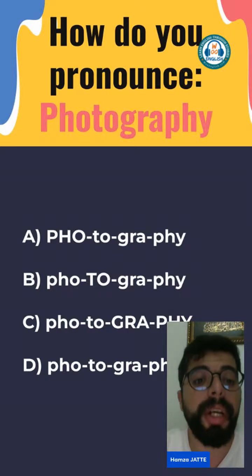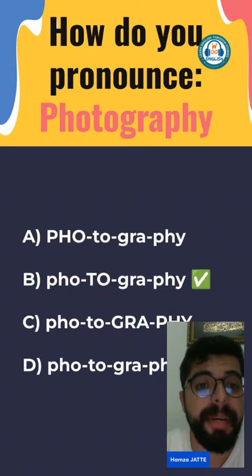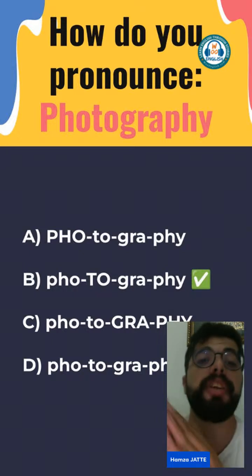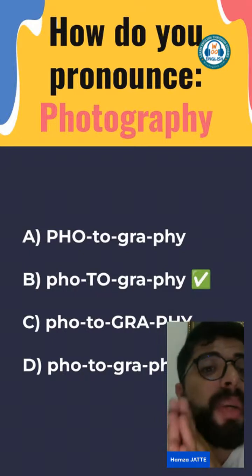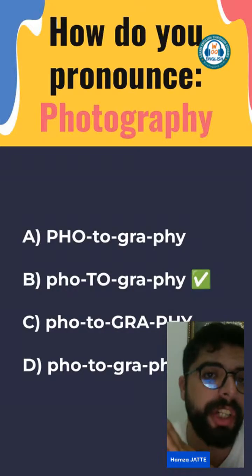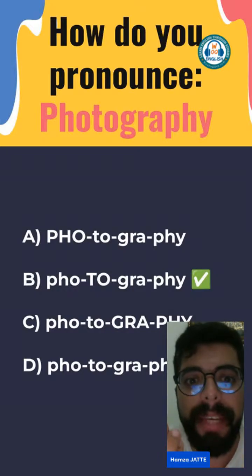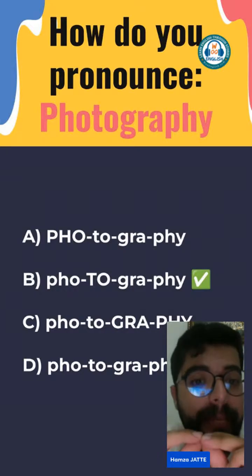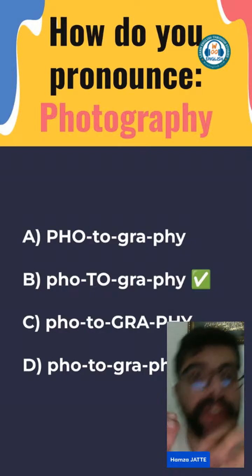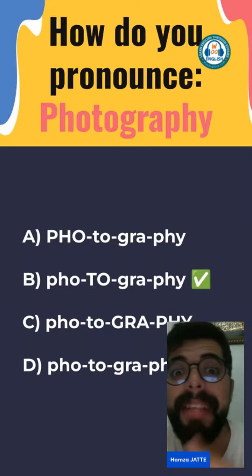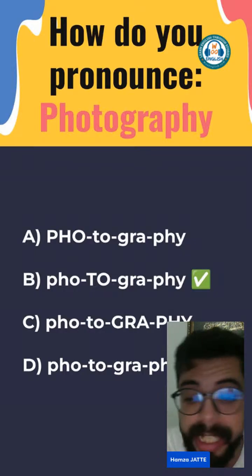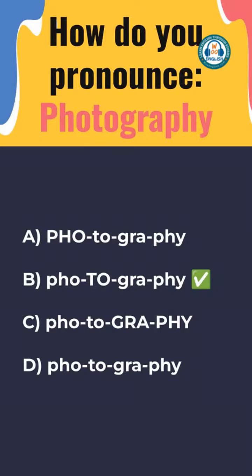All right, so this word this time is pronounced photography. So you will notice sometimes that even words that are related to each other, like photograph and photography, are not pronounced the same. So photograph, photography, right? So even the stress falls on different syllables. So let's go back and see how this happens.